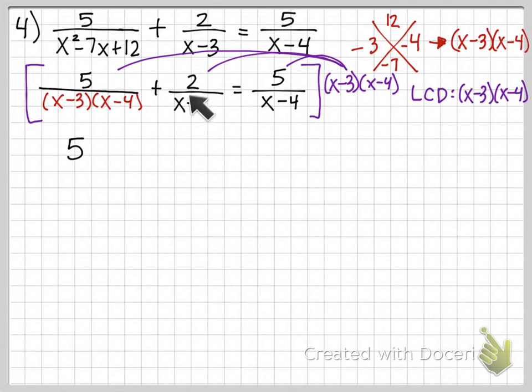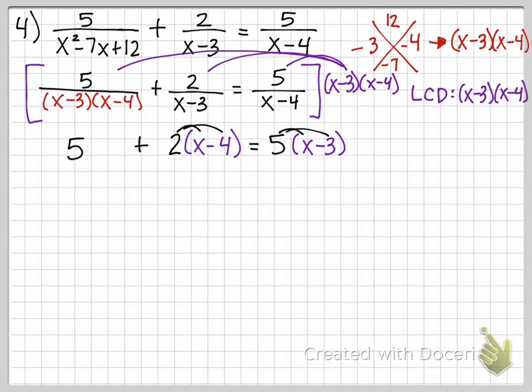Now here, the x minus 3 cancels out with this x minus 3, and I'm going to bring that 2 down, and I'm going to multiply it by what's left, which is x minus 4, because the x minus 3 is canceled out. Equals, and we bring the 5 down. The x minus 4 cancels out here, so we have 5 times x minus 3.